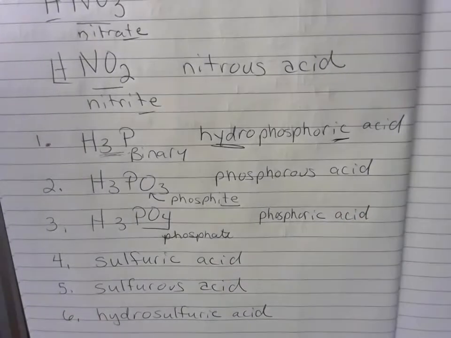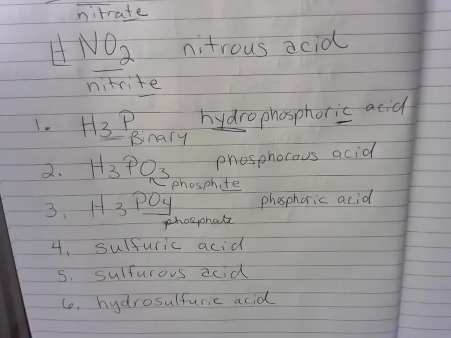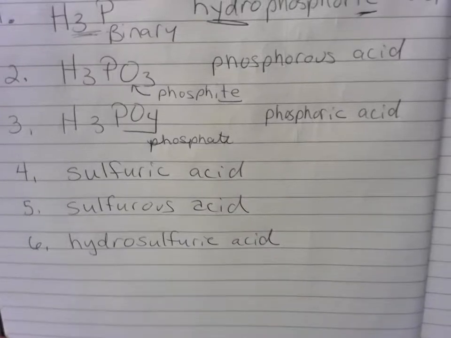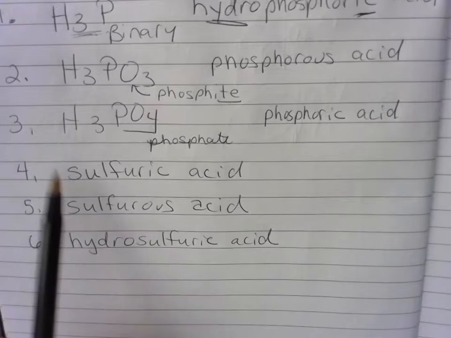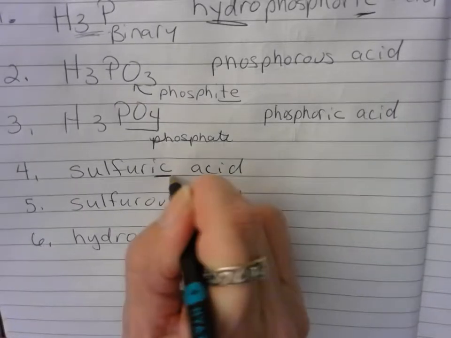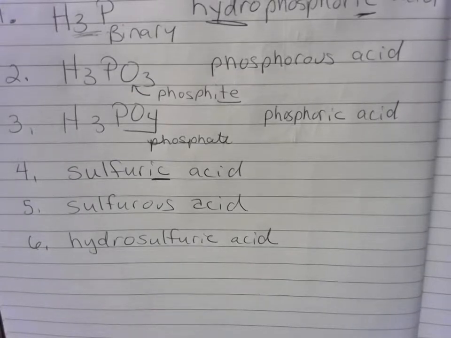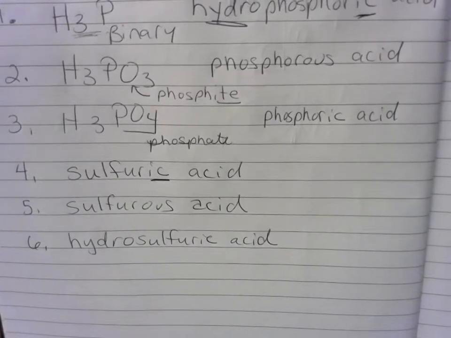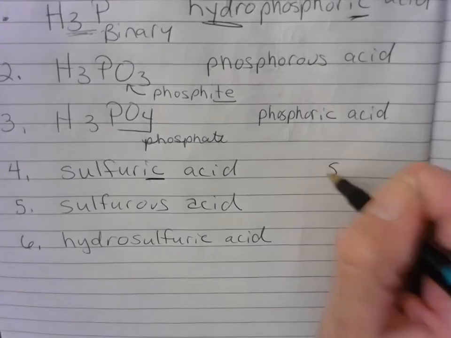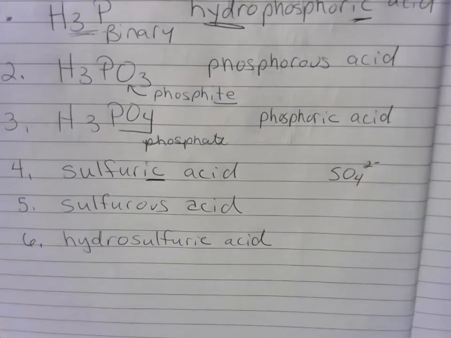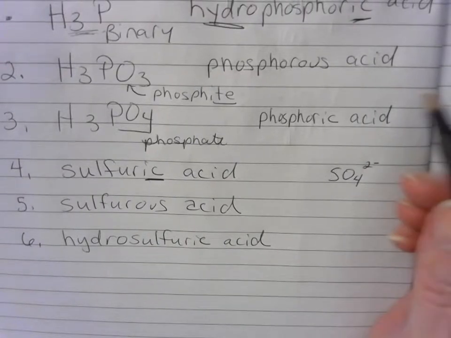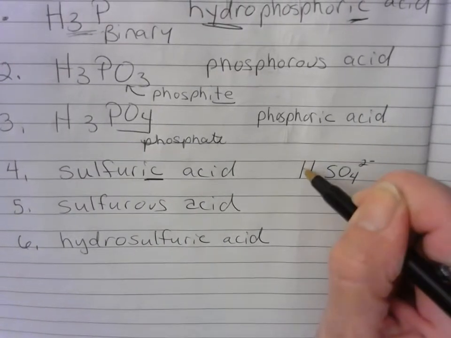Alright, now we're going the other way. If we look at this name, sulfuric acid, we know that it is not binary because there's no hydro in front. We know that it has the ate form of the ion because it has ic there. So I'm dealing with the sulfate polyatomic anion. It has a -2 charge. My cation is hydrogen, which has a +1 charge.